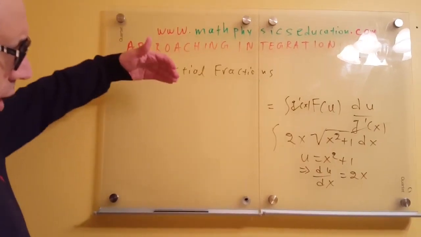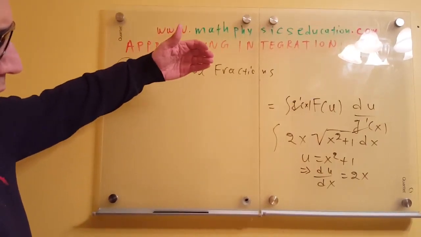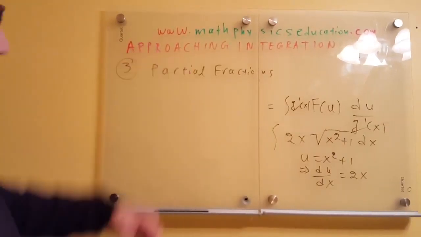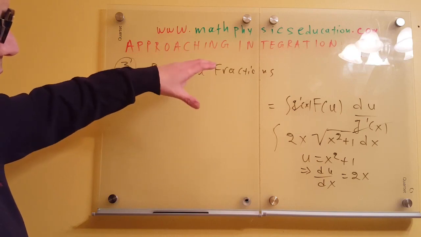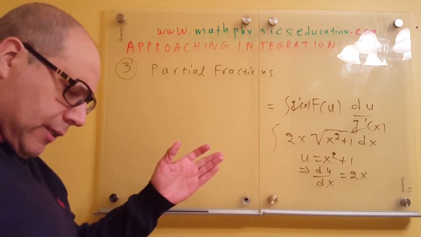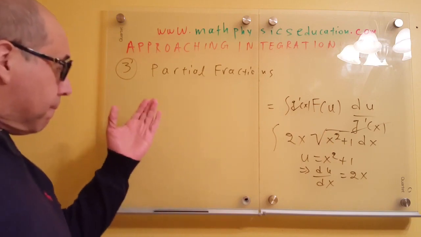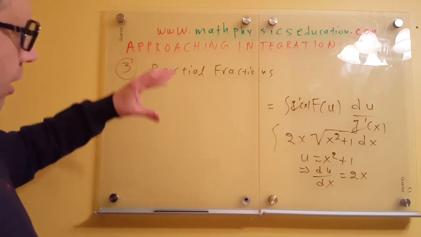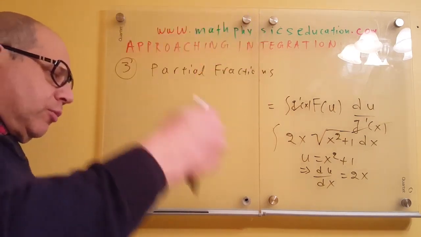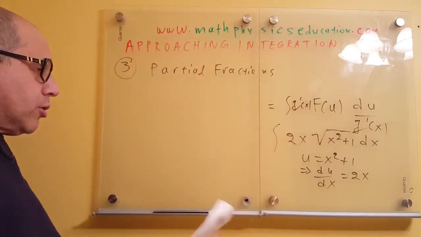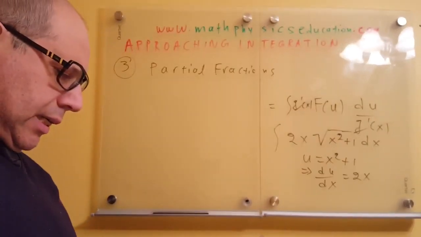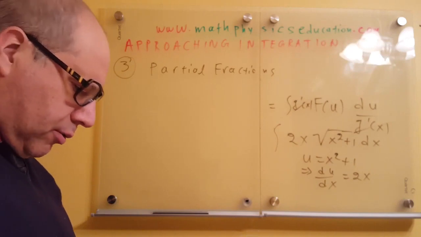And in this category is also integration by completing the square, which is a special case of this category. So whenever you see a rational function, and the degree of the numerator is not less than the degree of the denominator, you just do the long division. You use the method of partial fractions.